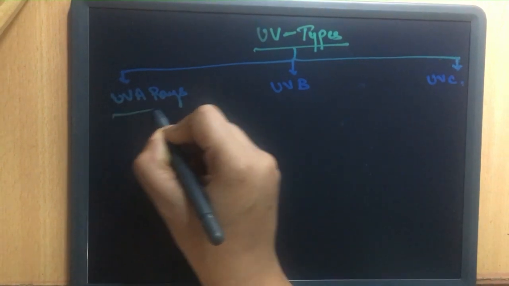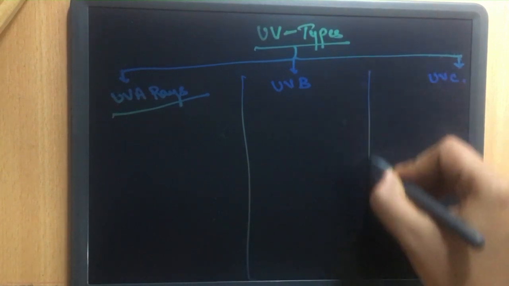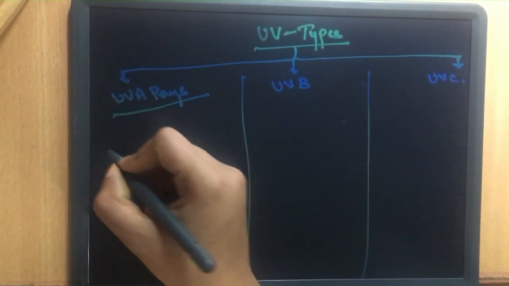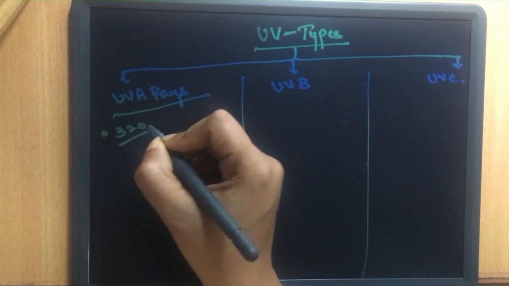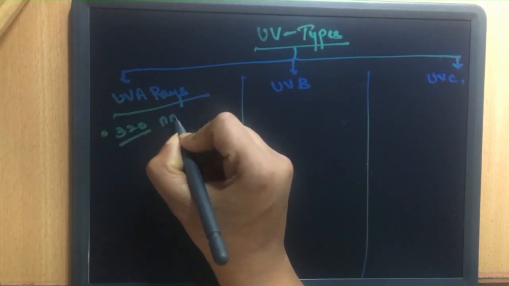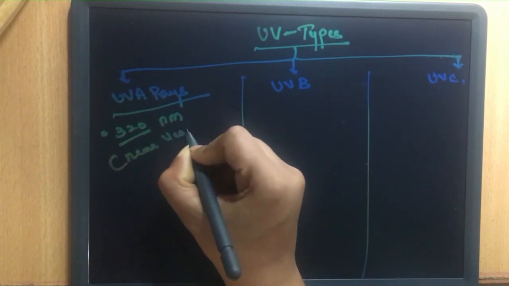Okay. So here let's see the wavelength. The wavelength of UVA rays is 320 nanometers and above. It is also called the near visible range.